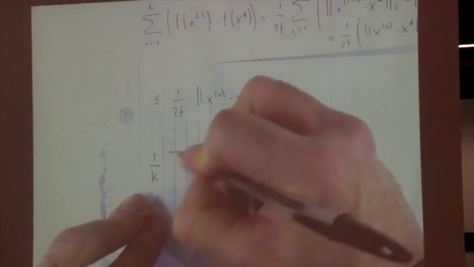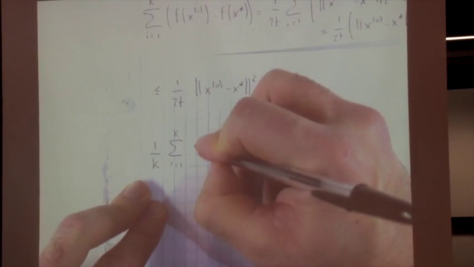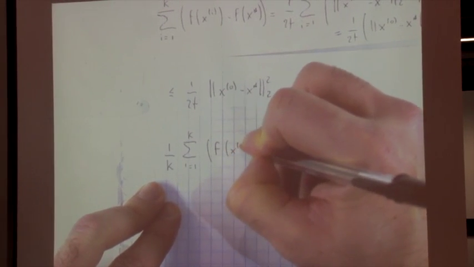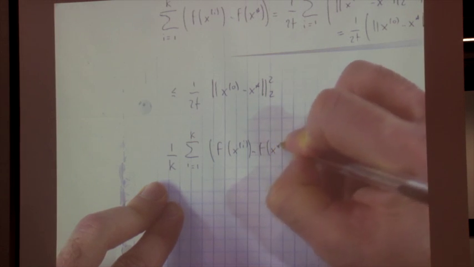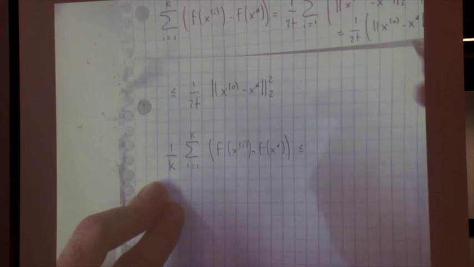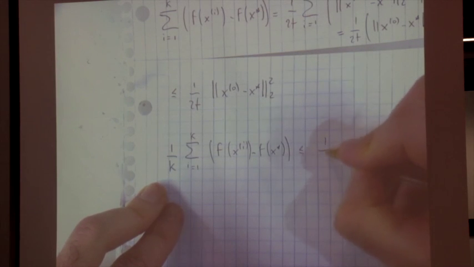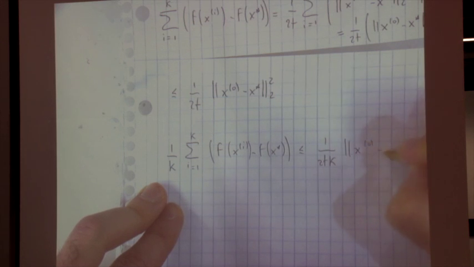So 1 over k, the sum from i equals 1 to k of f of x i minus f of x star is less than or equal to 1 over 2tk times the square norm of x naught minus x star squared.